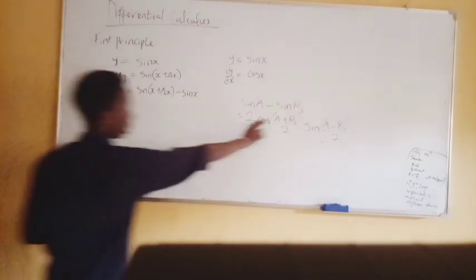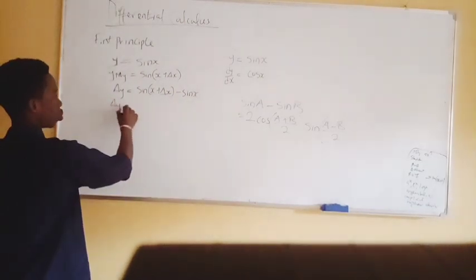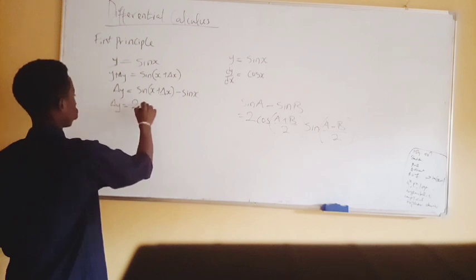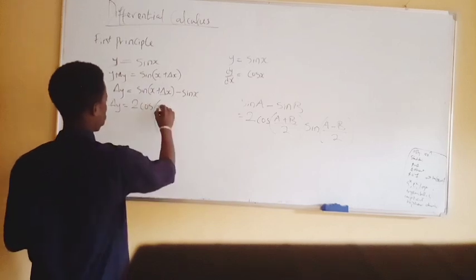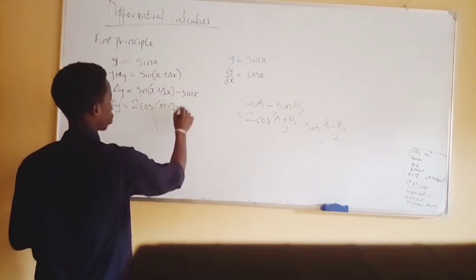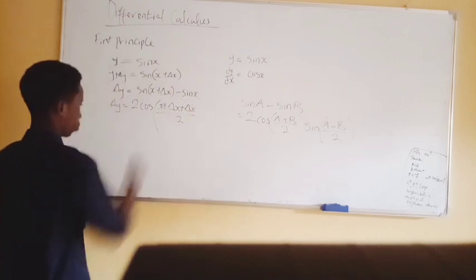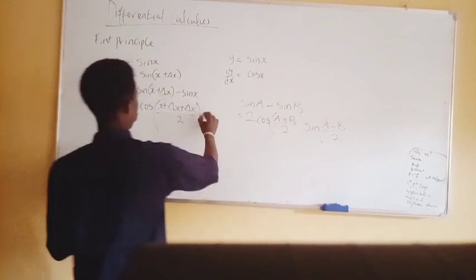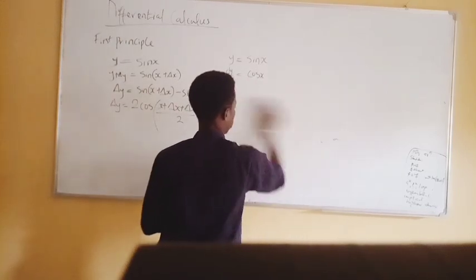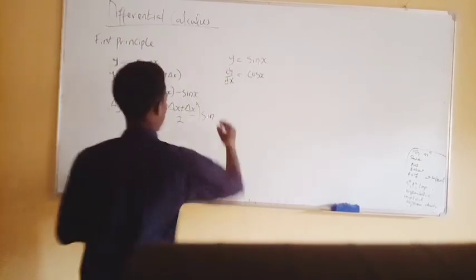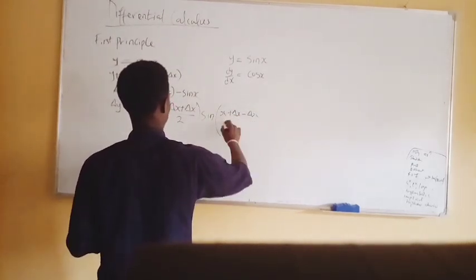Now, if we open this up, we'll have that delta y is equal to 2 cos of, our A here being x plus delta x, x plus delta x plus x over 2, sine of x plus delta x minus x over 2.